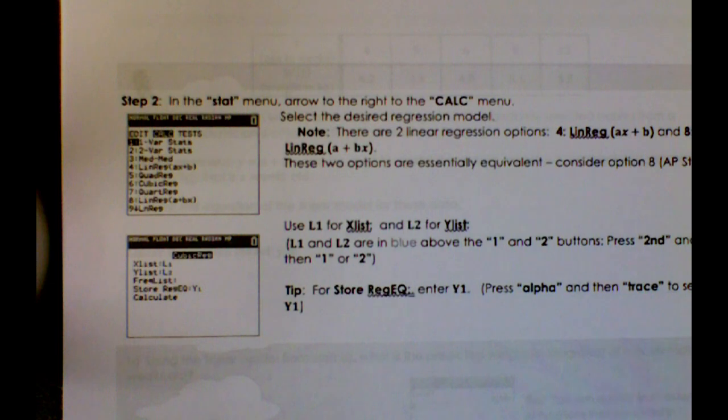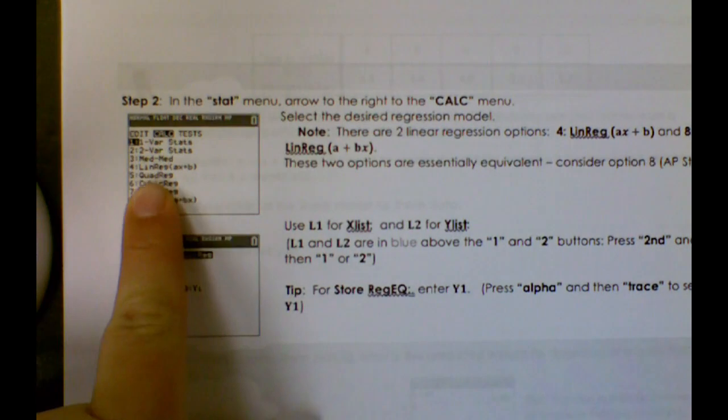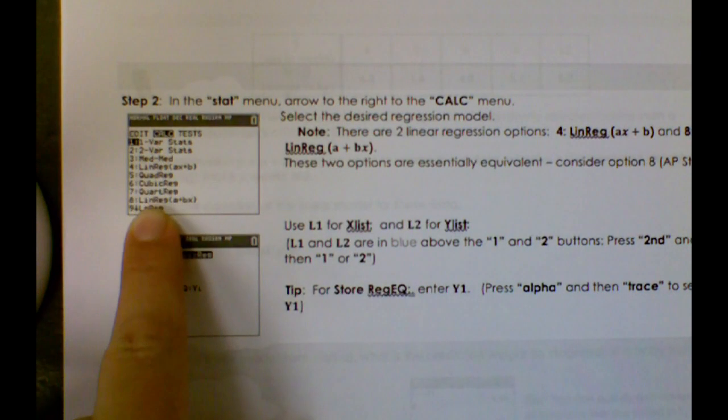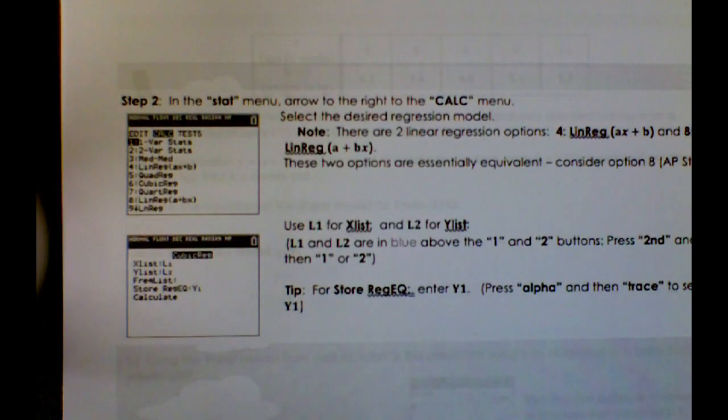The next step you're going to do is go back to the Stat menu, and you're going to arrow right to the Calc menu. You'll select the desired regression model. You'll see 1 var stats, 2 var stats, med, but we're going to use these other ones: linreg, quadreg, cubicreg, quartreg, linreg, lnreg. You'll notice that there are two linear regression models.